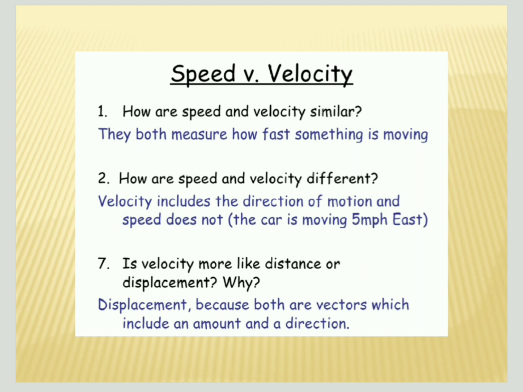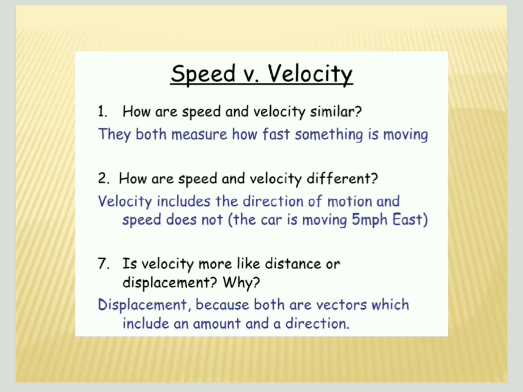Now how are speed and velocity different? Most of the students are confused about velocity and speed, so with this slide I am clearing some points. Velocity includes the direction of motion and speed does not. The car is moving in the east direction.